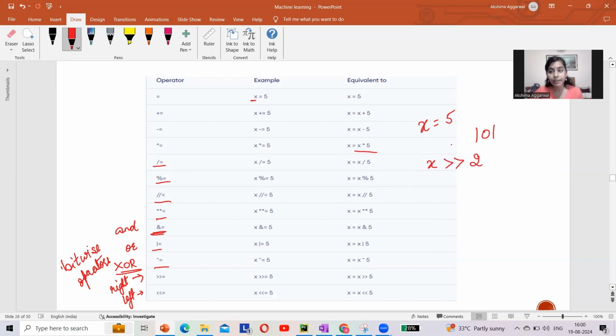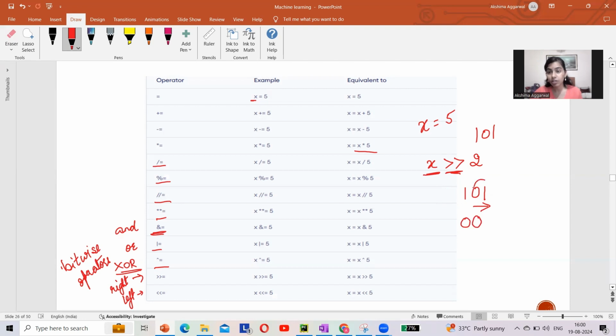Now, this is the binary value of 5. Now, these are the right shift bitwise operators. Now, what are they going to do? X is 5, so this is the binary value of x. They are going to shift the values to the right side. After shifting the values to the right side, we are going to put 2 zeros on the left side.